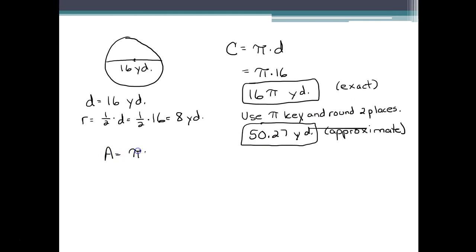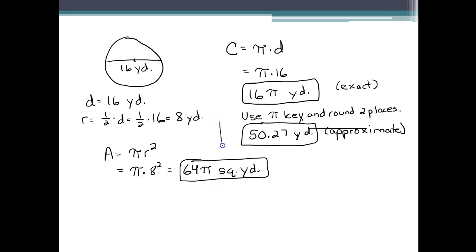Alright, pi r squared for the area. So we got pi times 8 squared. So we get 64 pi square yards. That's our exact answer. And then we can put it into the calculator, 64 times pi. And we get 201.06. Can't quite read my display here. It looks like 19298.